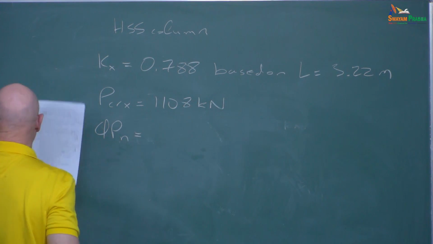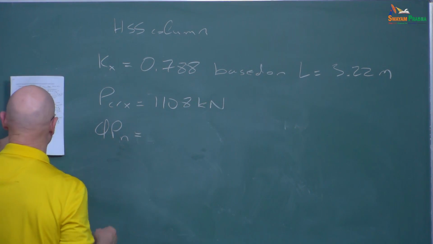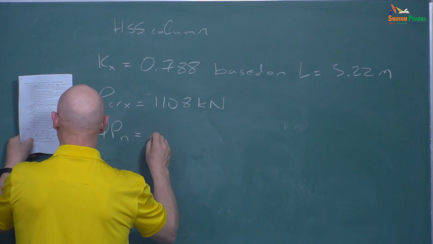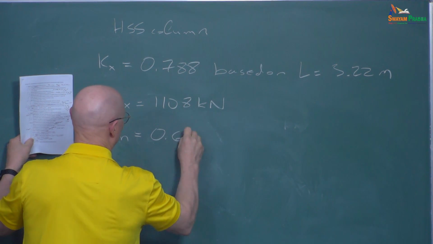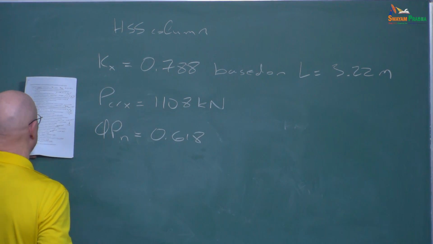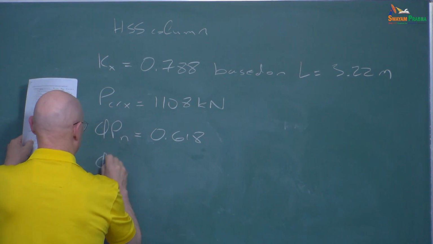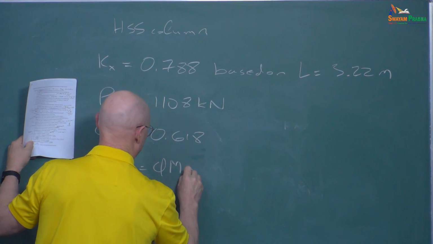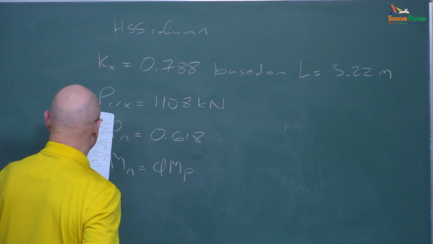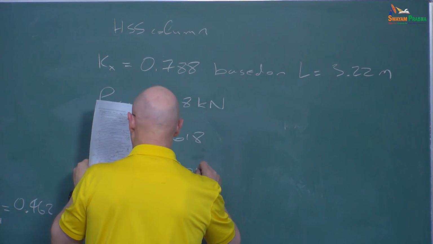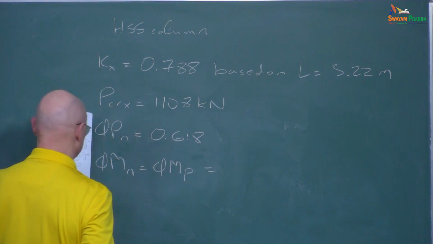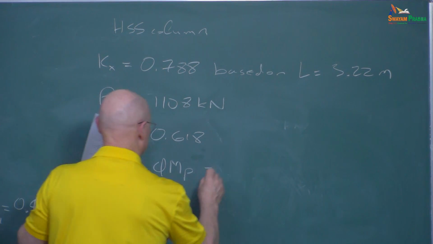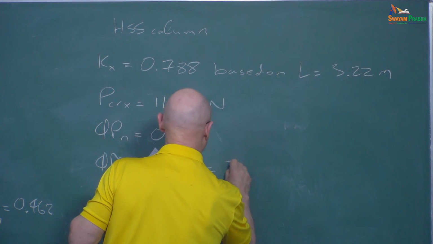ϕPn, if we do the column strength by the AISC column curve on the HSS section, is 0.618. ϕMn: the HSS section here has compact wall elements, and so we got ϕMn equals ϕMp. So that's equal to 31.2.